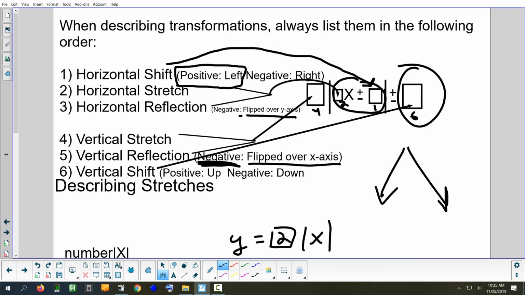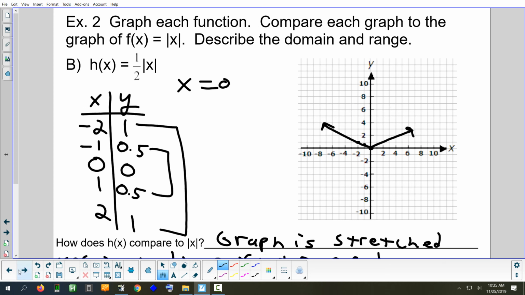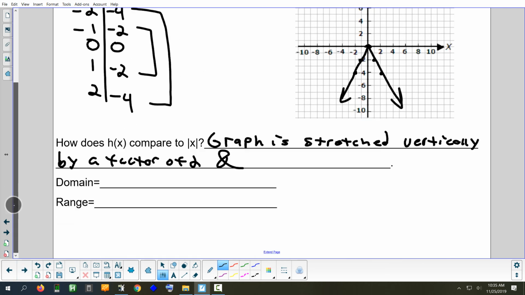Flip which way? Down. Negative, flip. So flip over the x-axis, exactly. 4 and 5 both belong to that box. If there's a negative in that box, it tells you right there, flip over x-axis. And that's what you want to put at the end.